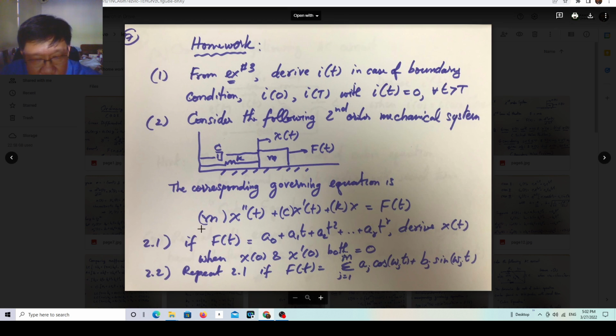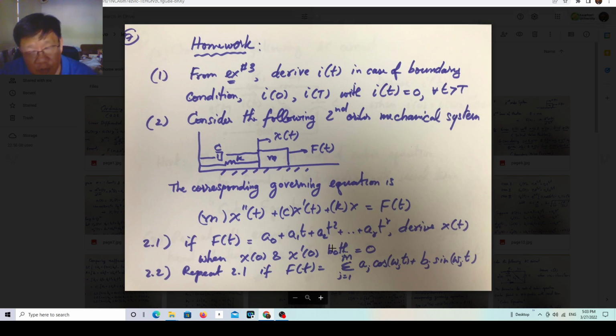Once you get this system, this one just changes the notation a little bit, but you can directly apply what we did in the third example: if f(t) is a polynomial of order r, you want to derive the general form of displacement x(t), with x0 and x0 dot as the initial conditions.